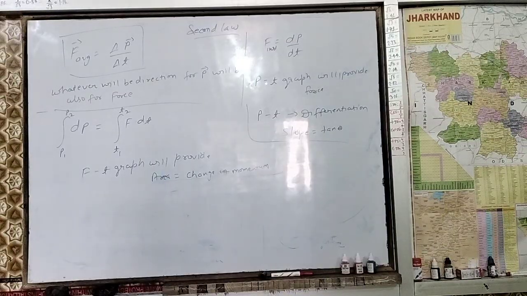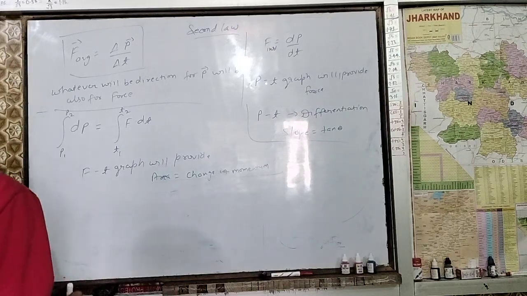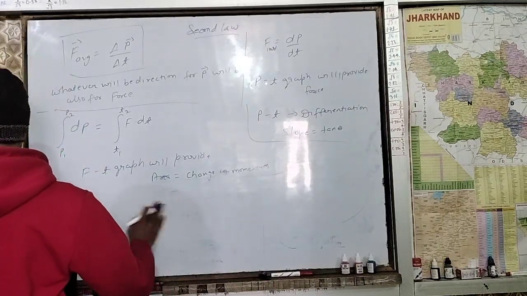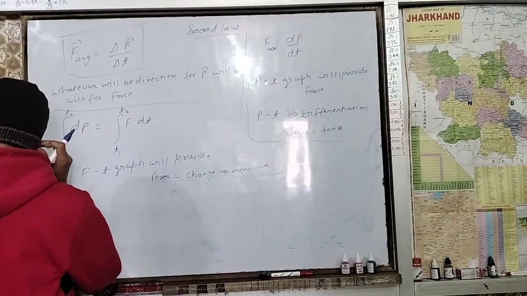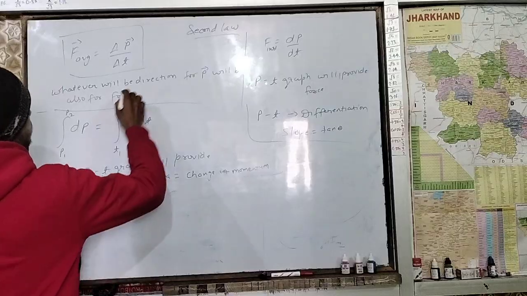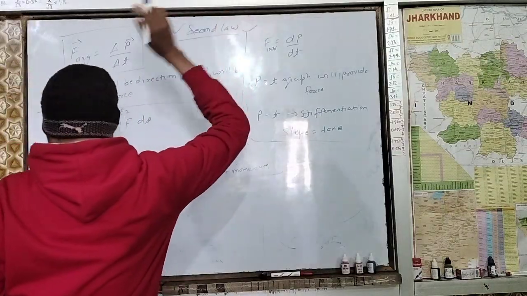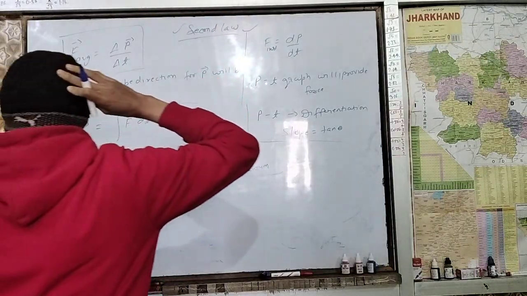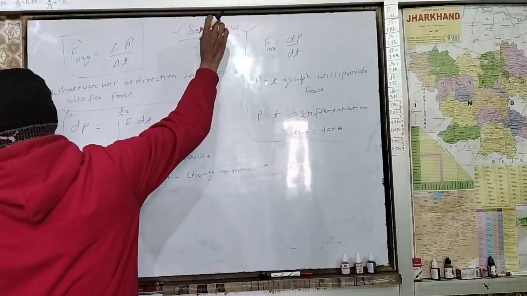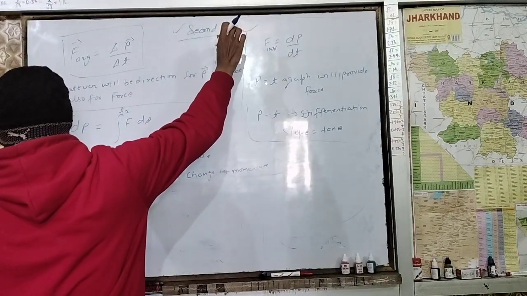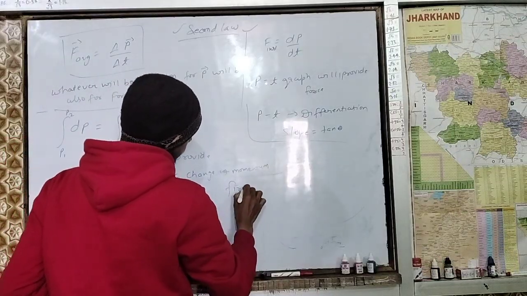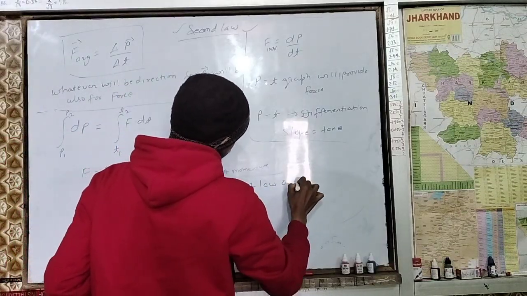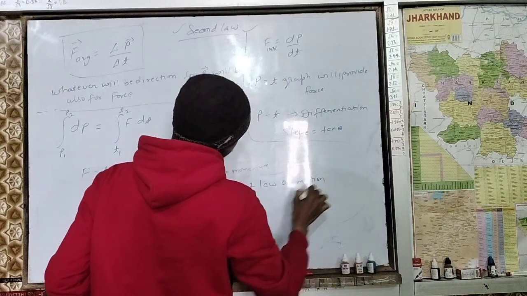Now, important points. Remember, this is the second law of motion. It defines force, and the second law of motion measures force. The first law of motion will define force.